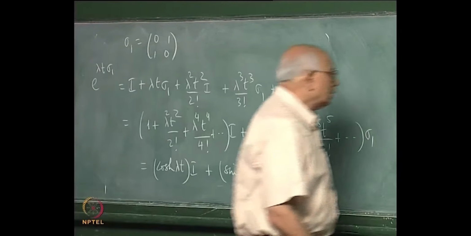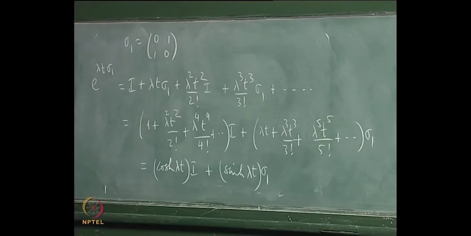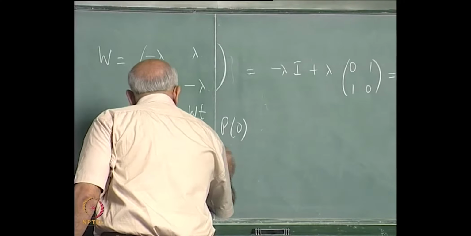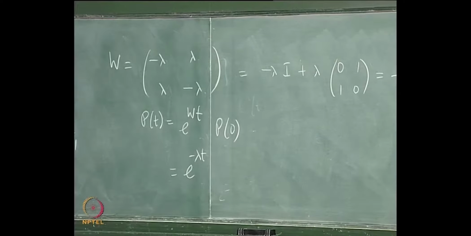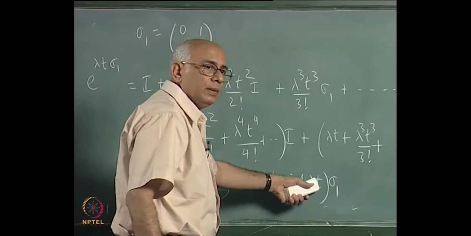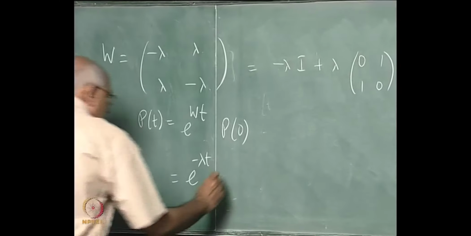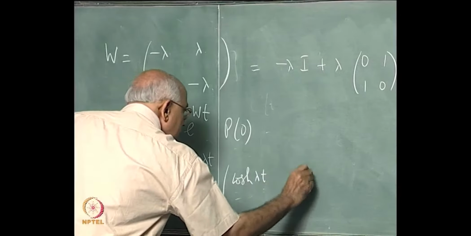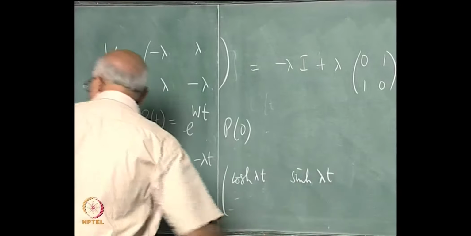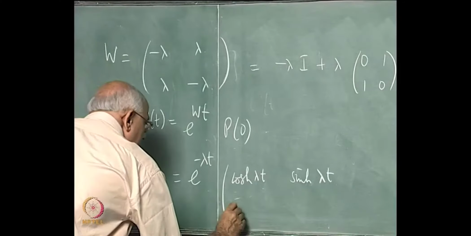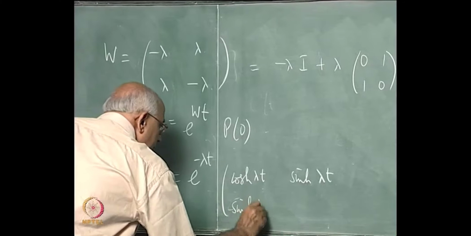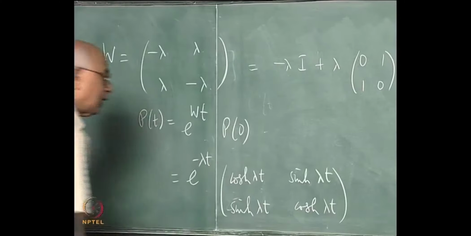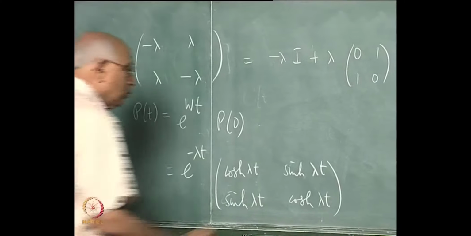Therefore this thing here is now exponentiated, it is finished, it is equal to e to the minus lambda t times this matrix. So that matrix is just this, cos hyperbolic lambda t, sine hyperbolic lambda t on this side, sine hyperbolic lambda t, cos hyperbolic lambda t, it is that matrix acting on P of 0.